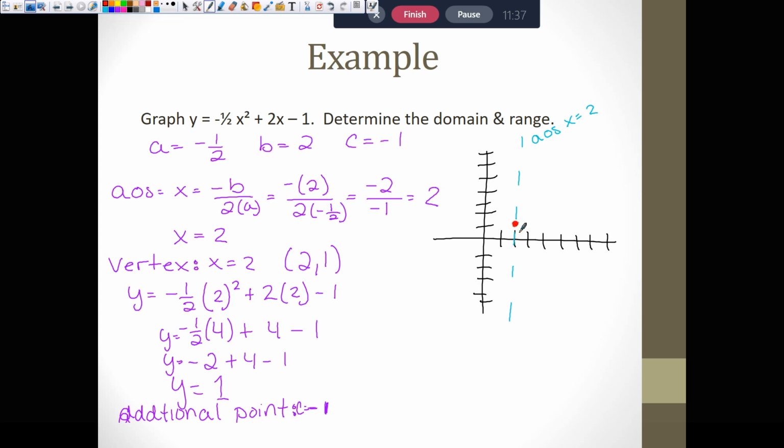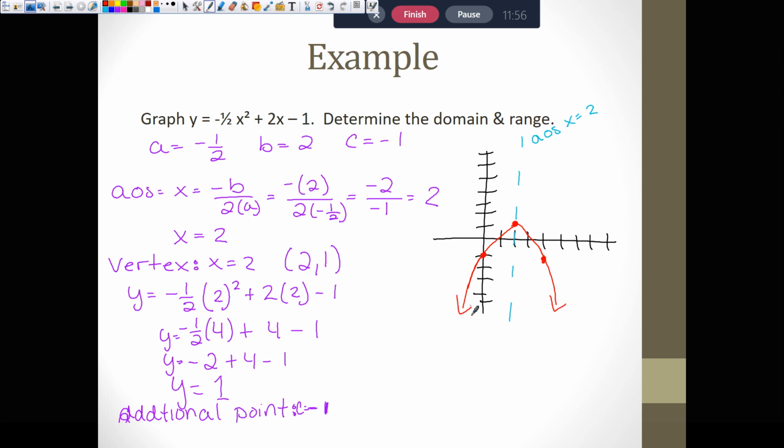My y-intercept is -1, so that's 1 up from the vertex, 2 over, so I'll go 2 over and down 1. Okay. And that is how we graph this parabola.